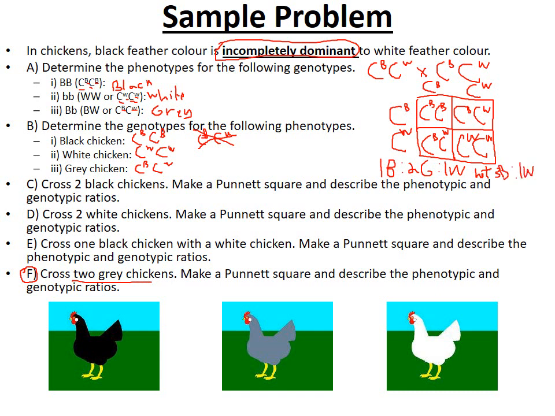This is no longer the case because of incomplete dominance. And so it's the same idea to make gametes as well. If you have CB CW, an individual would have either the option of making CB gametes, 50% chance, or CW gametes, 50% chance.